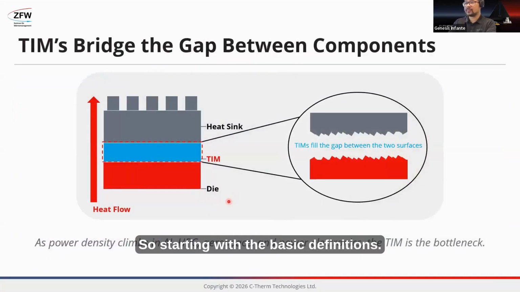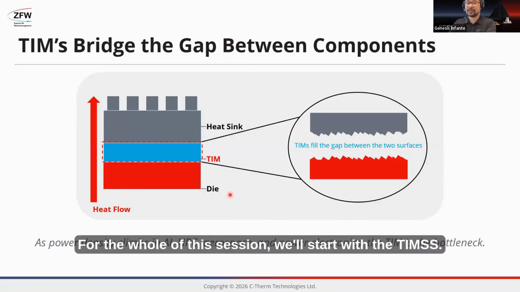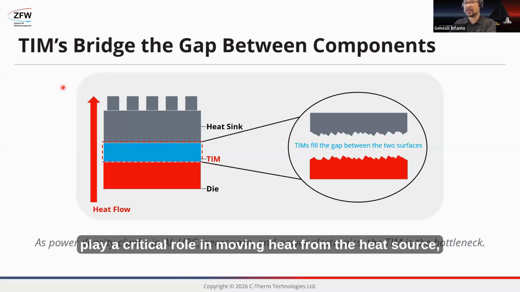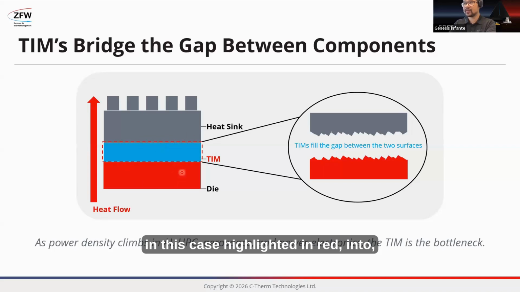Starting with the basic definitions for the whole of this session, we'll start with TIM. Thermal interface materials, or TIMs, play a critical role in moving heat from the heat source, in this case highlighted in red, into, let's say, a heat sink.